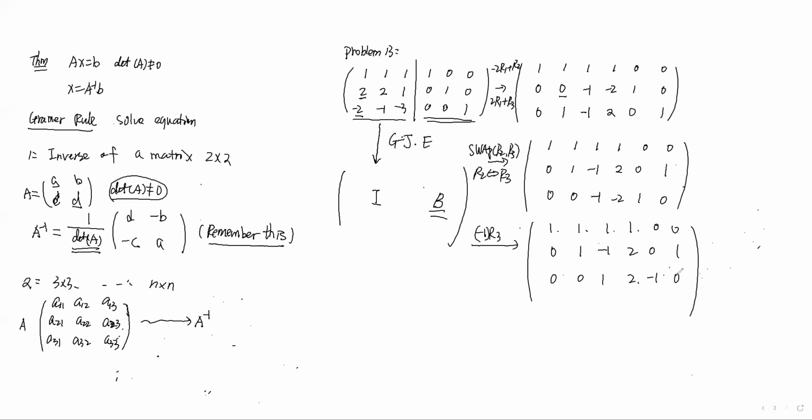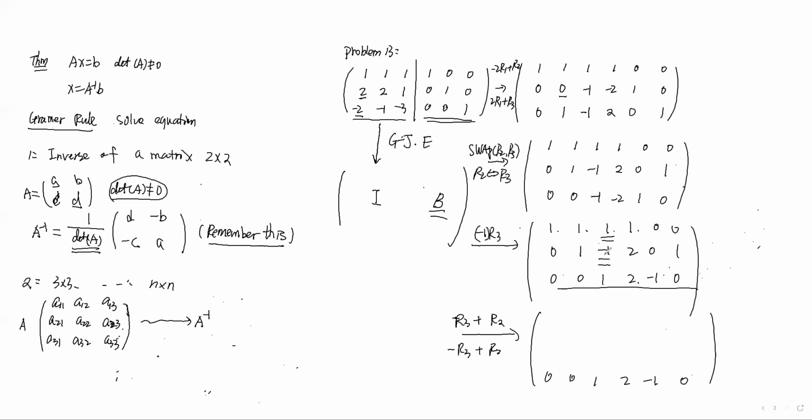So what's the next step? Okay, cancel this number. How? So R3 plus R2, or negative R3 plus R2. Let's first copy because you didn't change this: 0 0 1 2 negative 1 0.